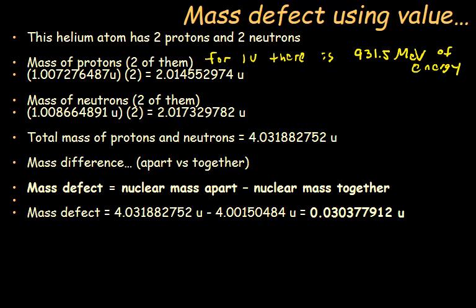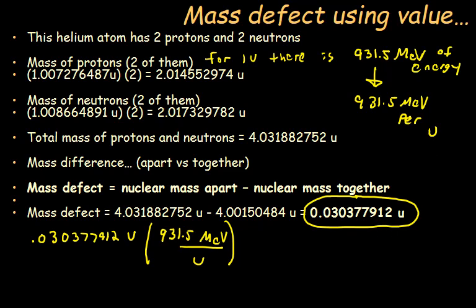Okay, so how do we practically use that? Well, let's say for our example here, we have a mass defect of 0.030377912. Well, 1 U is this many MeVs, and so we multiply those, and that's how many mega electron volts is holding the nucleus together.